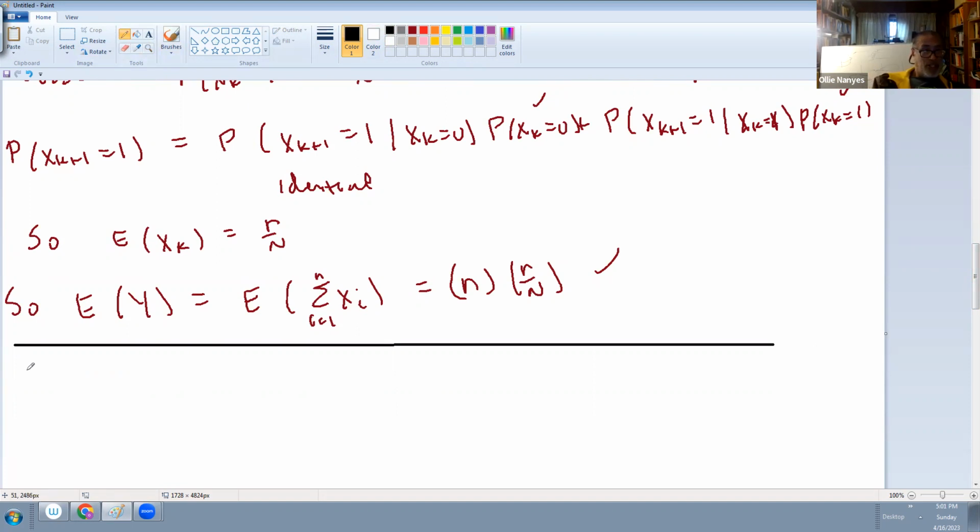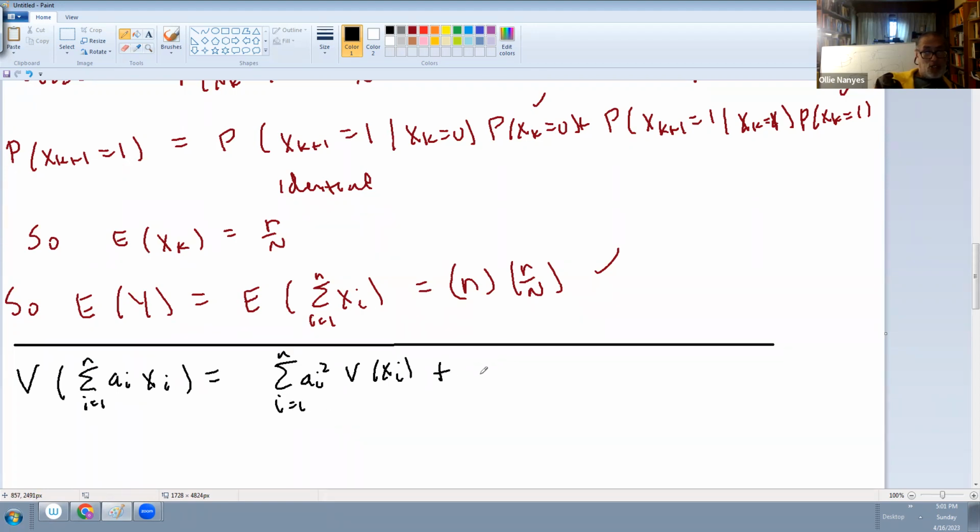But we're going to assume that you know that if you want to take the variance of the linear combination of ai xi, this is just going to be the sum of each ai squared times the variance of xi, plus 2, and then you're going to take the sum of what I call the non-diagonal entries.